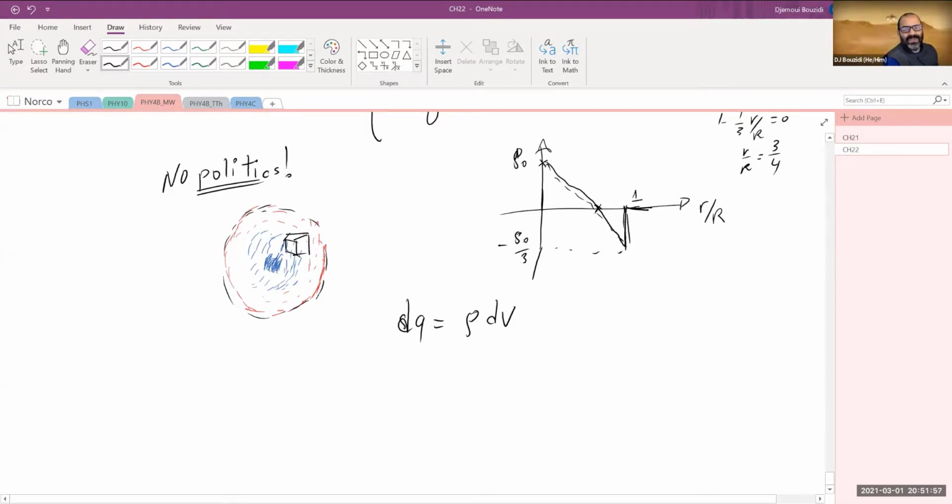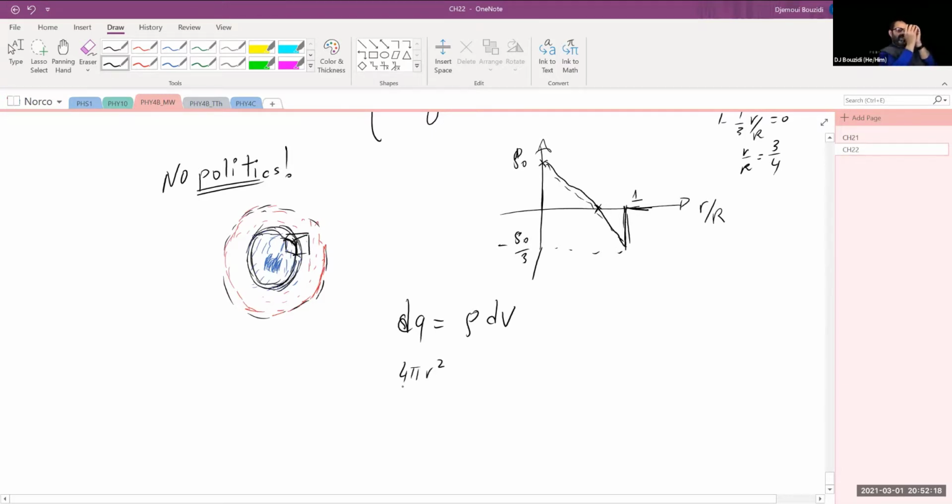Instead, I'm going to take a sphere, actually, as my distance. I'm going to go an element dr away from it. So this is the element of volume that I'm taking. So think about it this way. Basically, you take a sphere of radius r, with area 4 pi r squared.